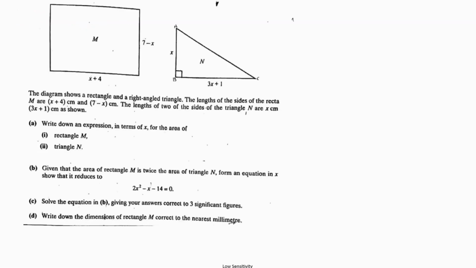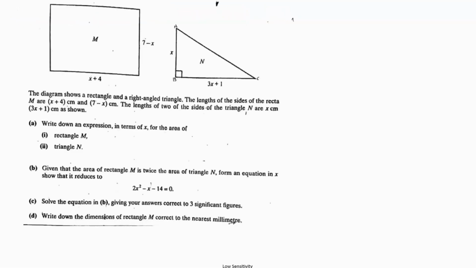It's always important to highlight what you want to show first. So we want to show that 2x squared minus x minus 14 equals 0. That's important for us to keep in mind.